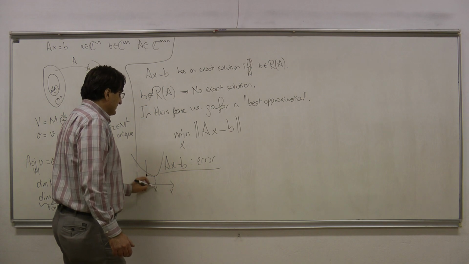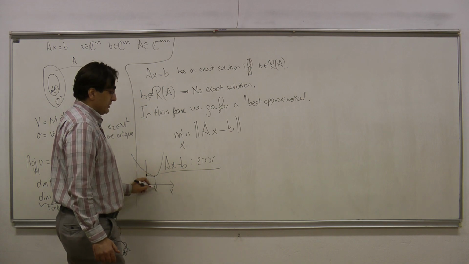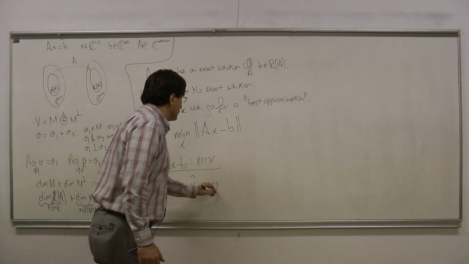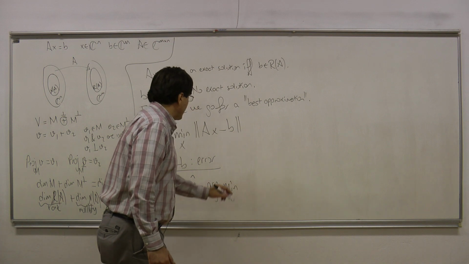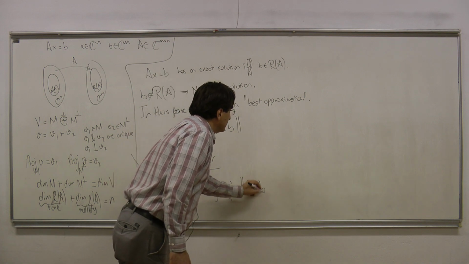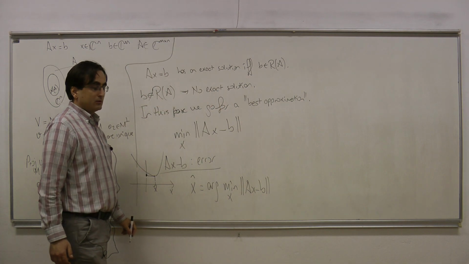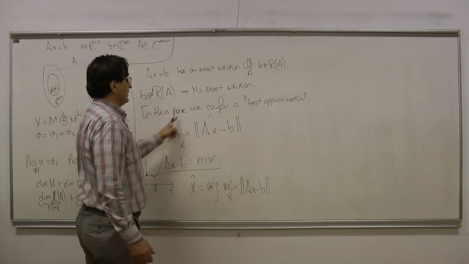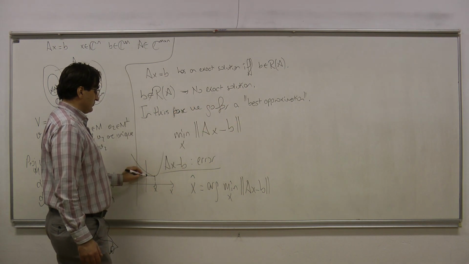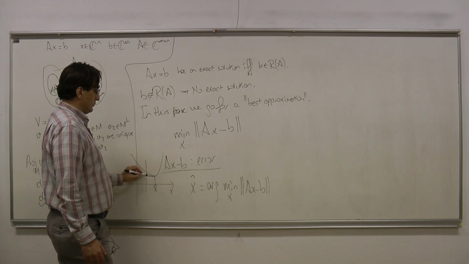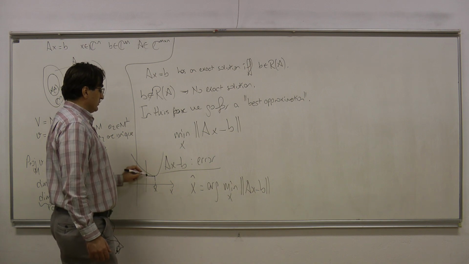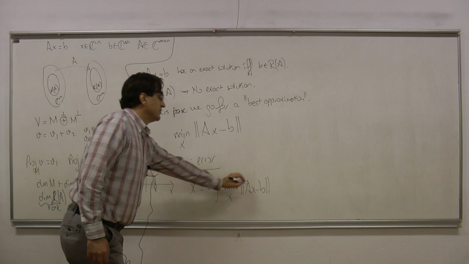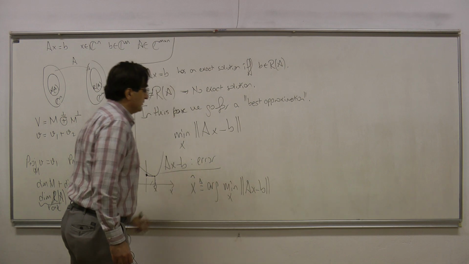And what about the x hat value that would give me this minimum value? It is called the argument of the minimization with respect to x of the cost function norm of Ax minus b. The minimum value of the function is this value, and the x value at which this minimum is achieved is the argument of the minimization, defined like this.